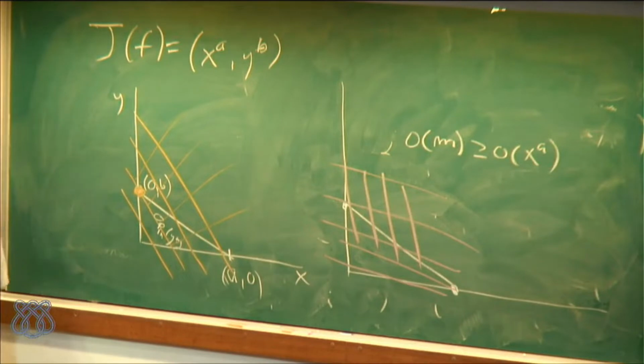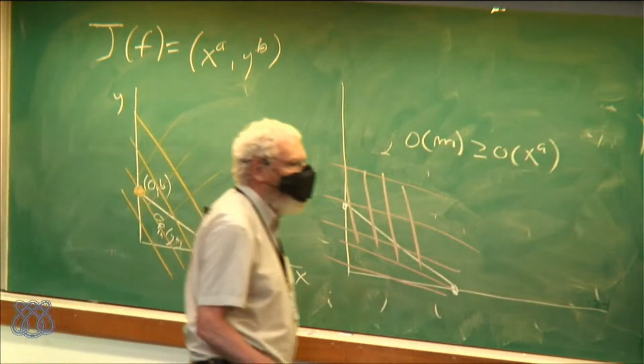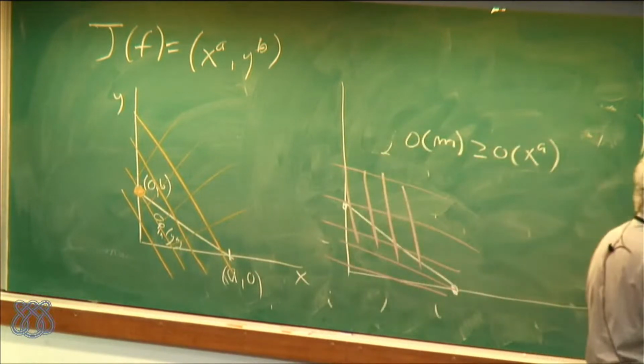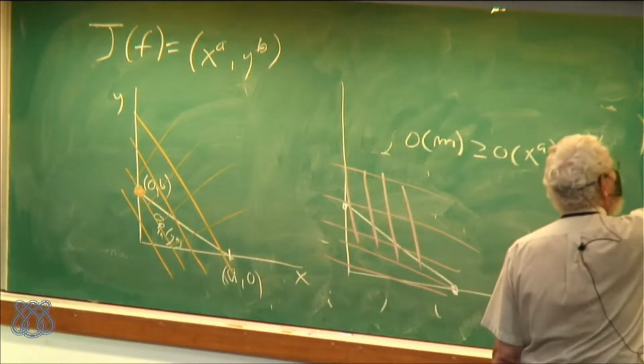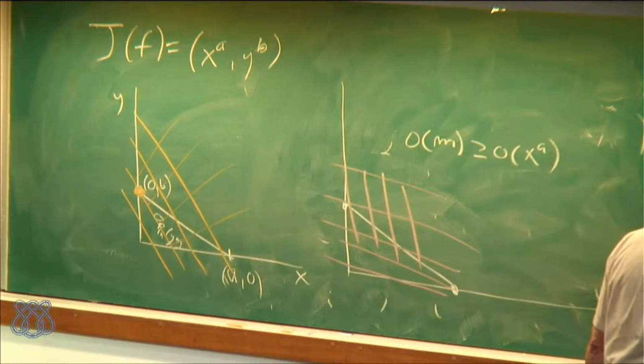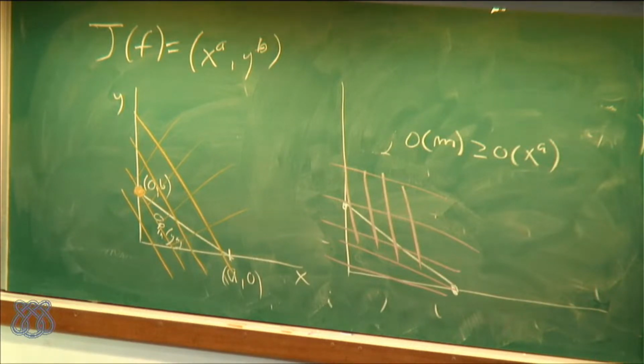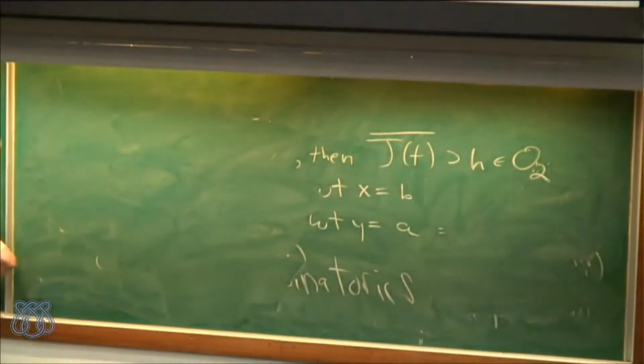And the third case, of course, is the case where the weights that this initial form assigns are the same as the weights of X and Y. And so this last picture looks like this.